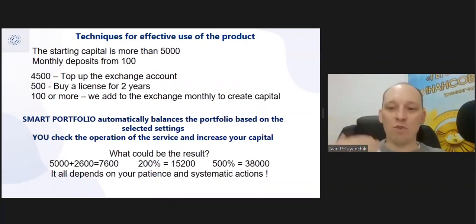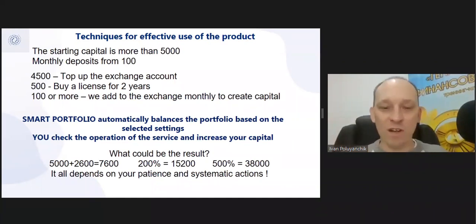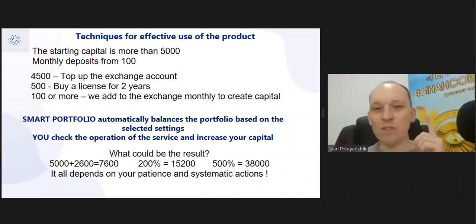If a person is patient, if he understands that sooner or later the market would grow, if he has patience not to sell his assets at once. And look, in 2009, a person could buy 1,300 bitcoins for $1, and then 3 years after he could get a great profit.